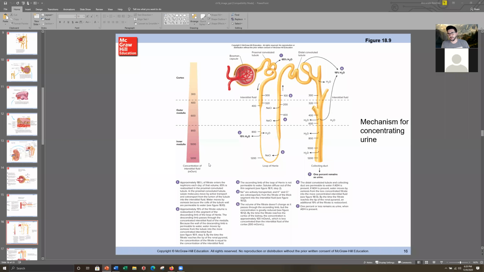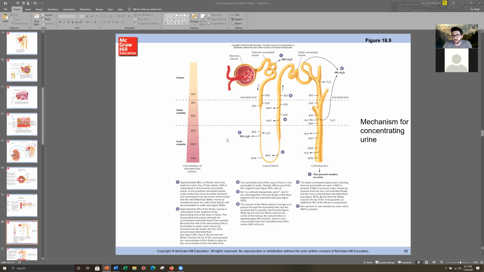So how do we control for those kinds of salts? Well, the epithelia that makes up this descending loop right here isn't permeable to anything but water, which is nice. It's like having a specialized filter just for water that water can enter and exit through.